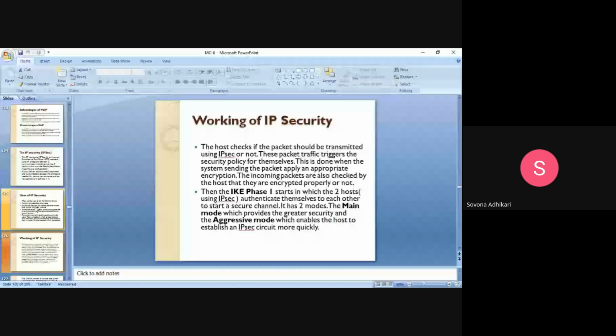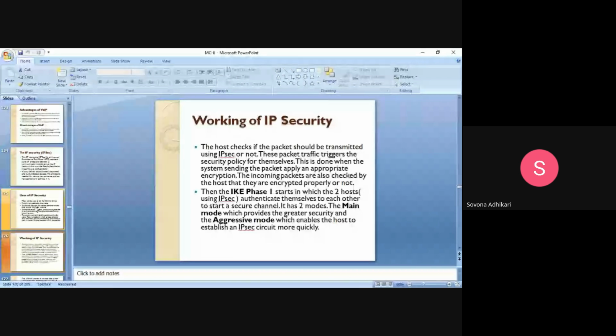Working of IP security. The host checks if the packet should be transmitted using IP security or not. The packet traffic triggers the security policy for themselves. This is done when the system sending the packet applies an appropriate encryption.